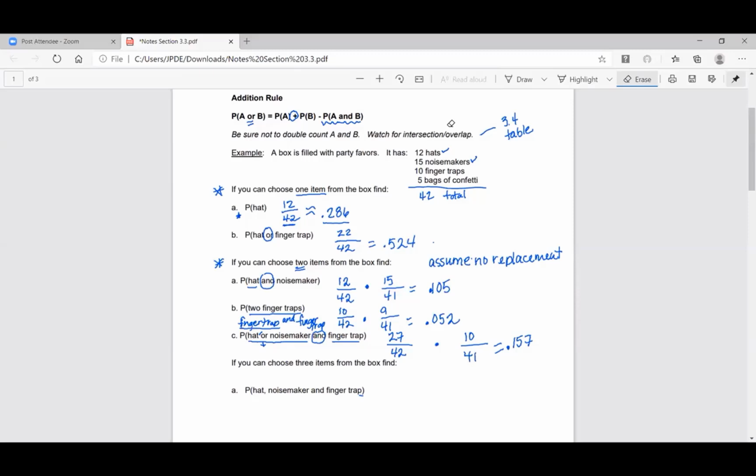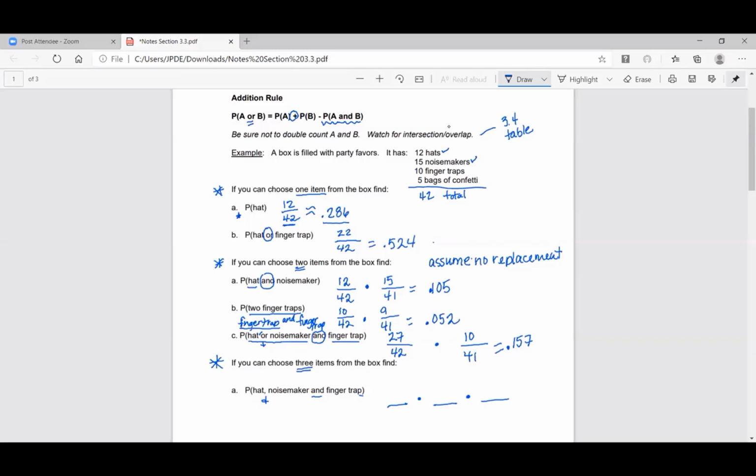Okay, last one. It says now we get to choose 3 items from the box. So first, second, third trial. So whatever we get here and whatever we get here and whatever we get here. So a hat and a noisemaker and a finger trap. So first we reach in there.